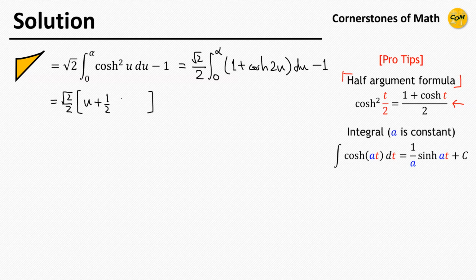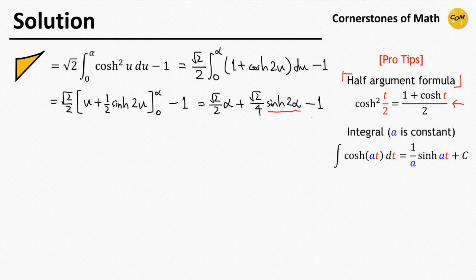is 1/2 times hyperbolic sine 2u, which leads to square root of 2 over 2 alpha plus square root of 2 over 4 hyperbolic sine 2 alpha minus 1.